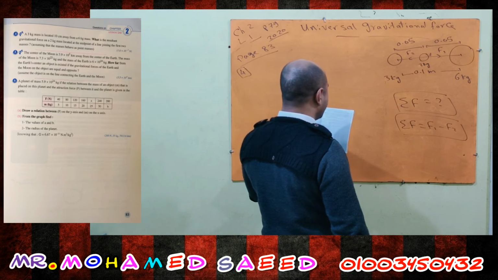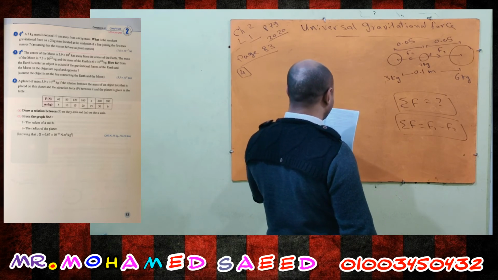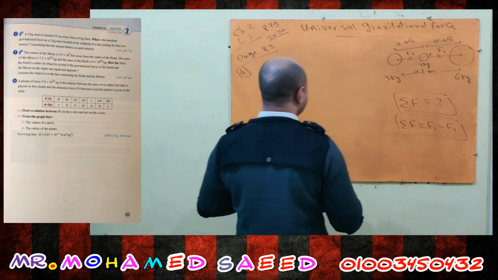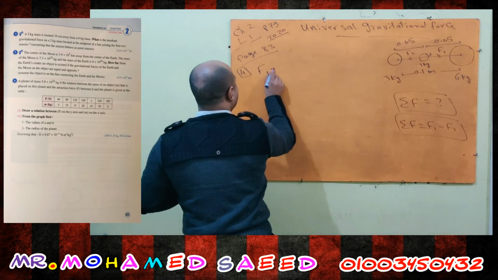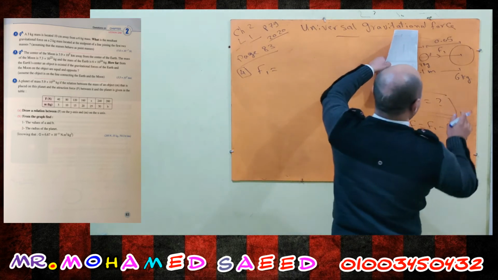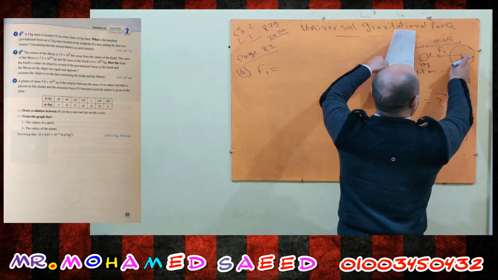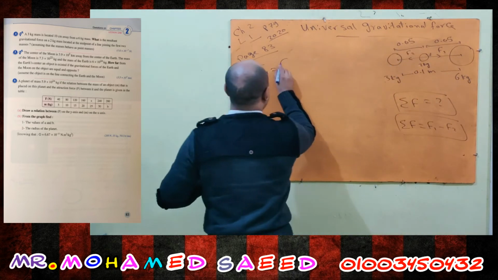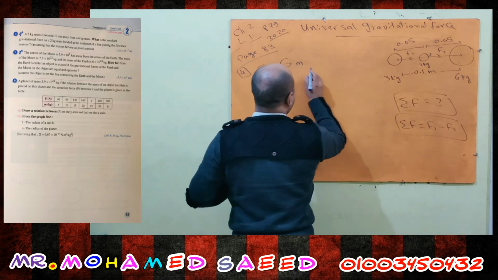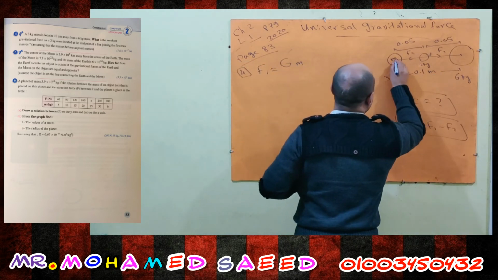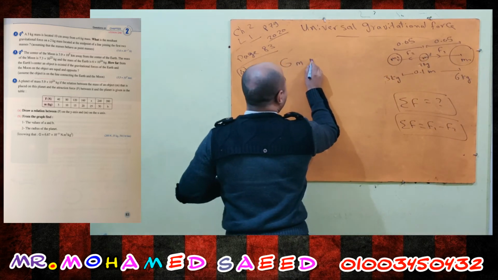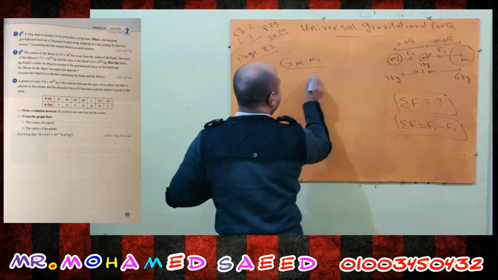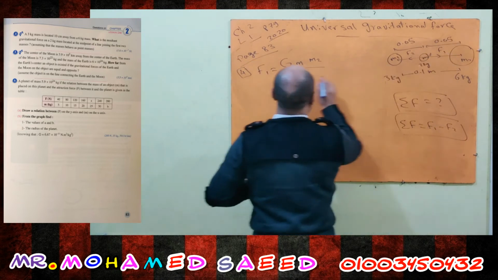Midpoint of the line joining the first two masses, assuming that the masses behave as point masses. Okay. So we should get F1. F1 is the mutual force between this body and this body: G capital M1 M2 over D, the distance between them, squared.